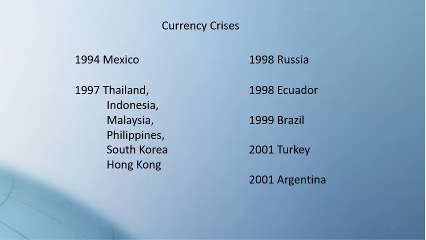So while several countries had a coordinated currency crisis in 1997, starting in Thailand, and it spread around the region as banks collapsed and markets got spooked, even the very strong economies of South Korea and Hong Kong got drawn into that.